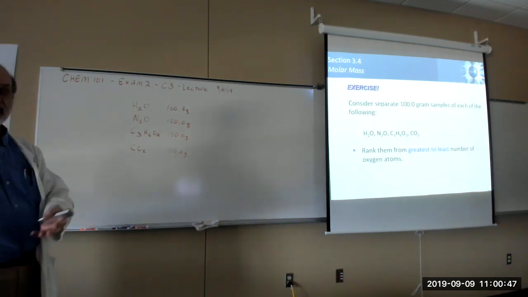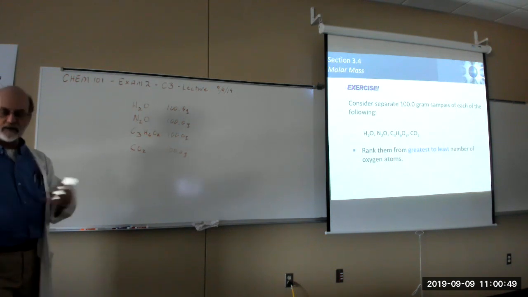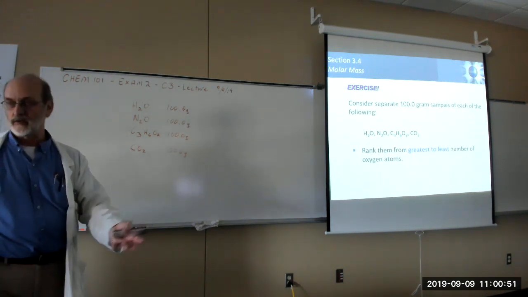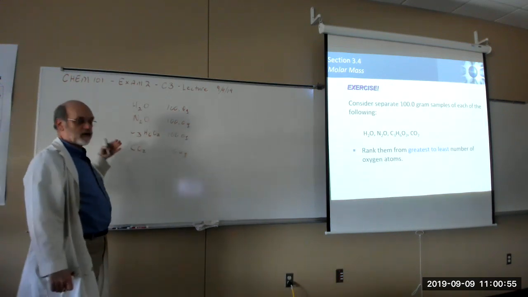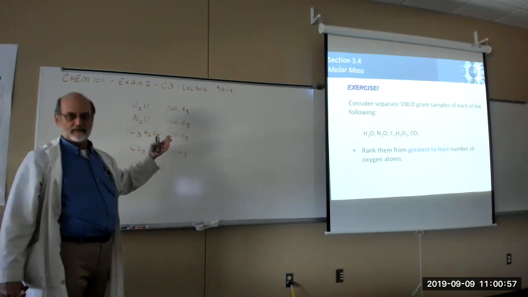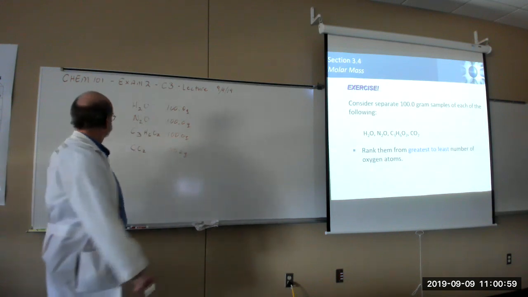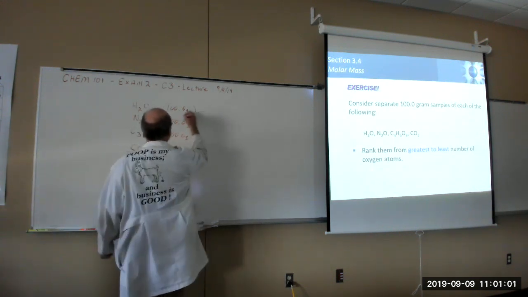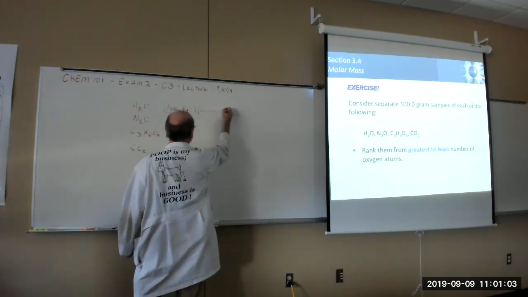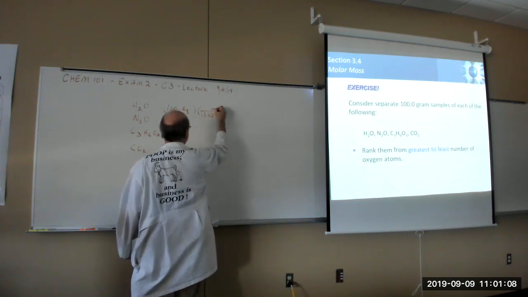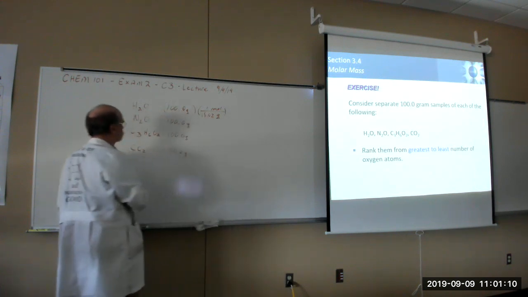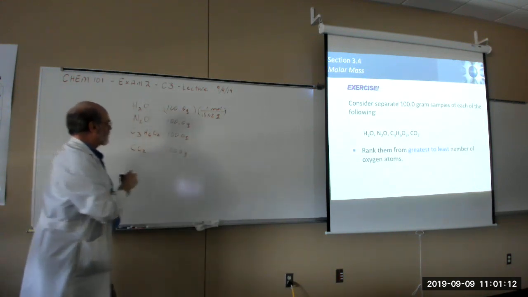So if you find out the number of moles, you don't have to go all the way to actual numbers of atoms. When you're going to compare numbers, all you need is how many moles. You compare the moles. So this one we want to convert to moles. We determined that earlier to be 18.02 grams is 1 mole.